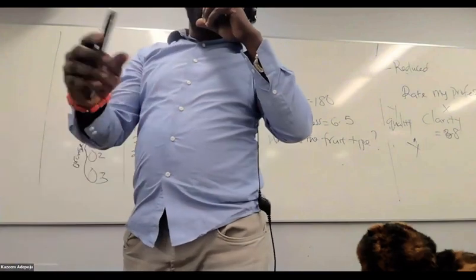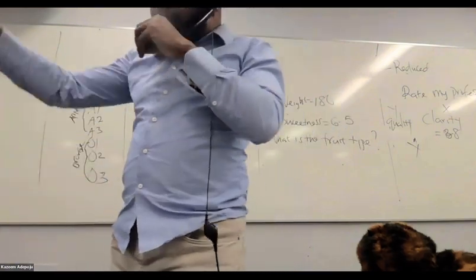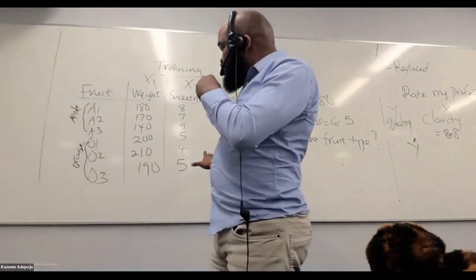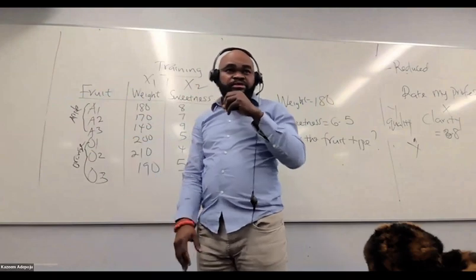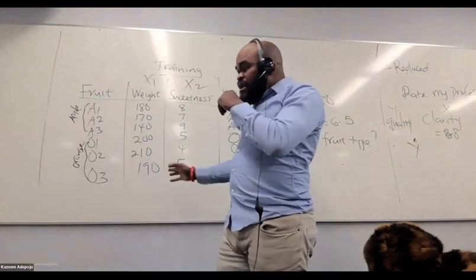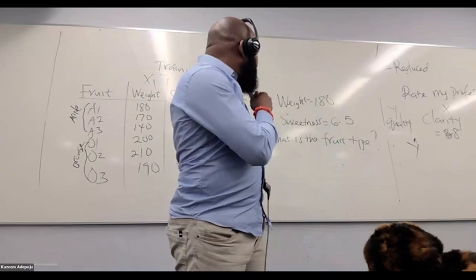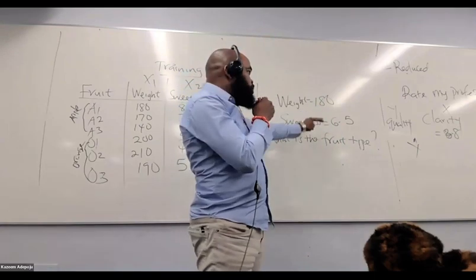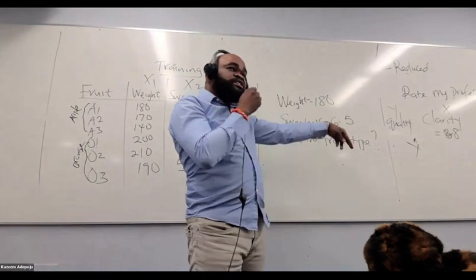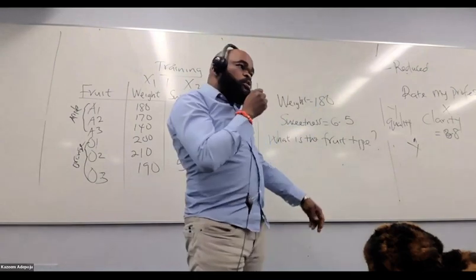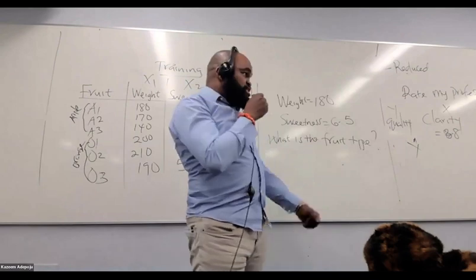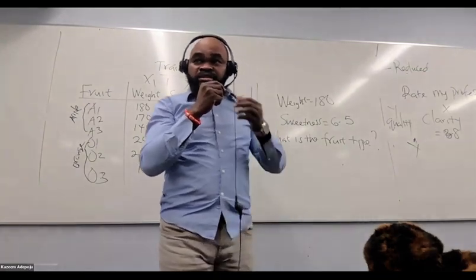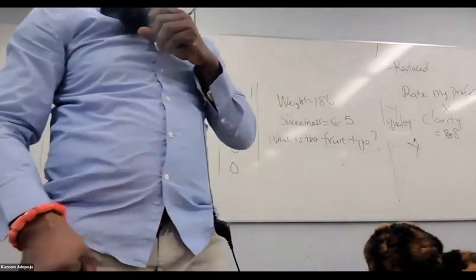The example I was citing before is maybe they are all apples and I want to distinguish by color. But right now, apple and orange. The only information I know is that the fruit has a weight of 180 and a sweetness of 6.5. Then what type of fruit is this? Is it apple or orange? That makes sense? Then we want to classify.